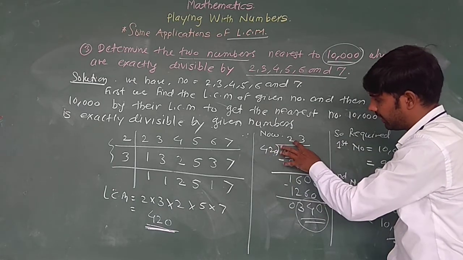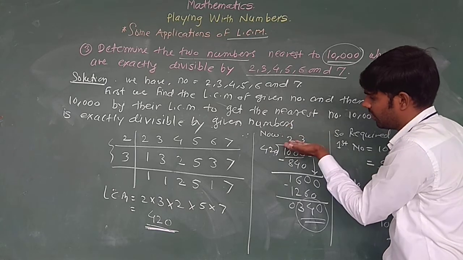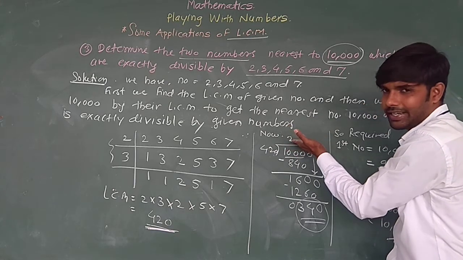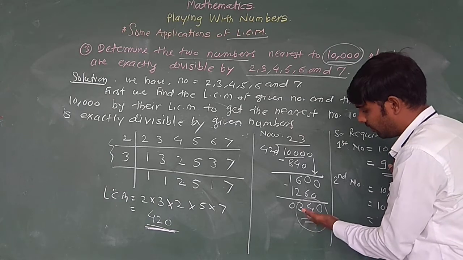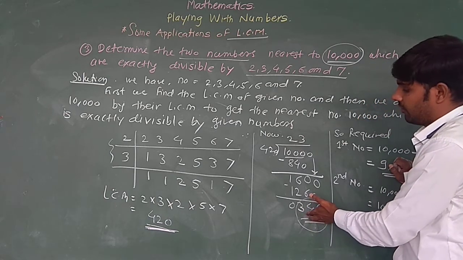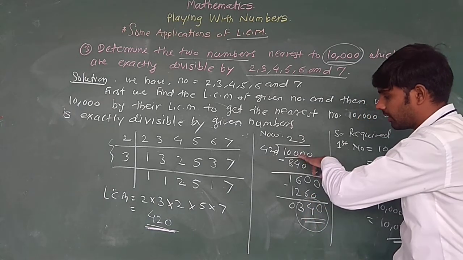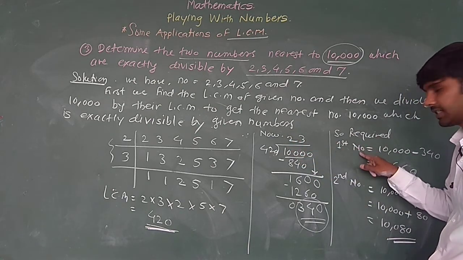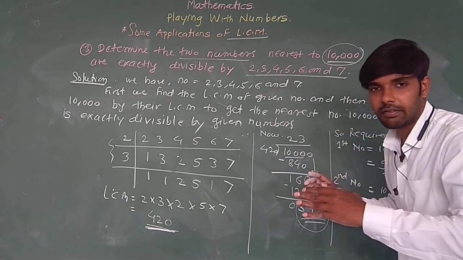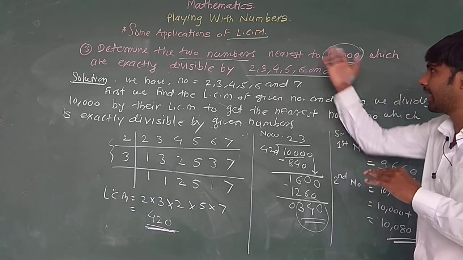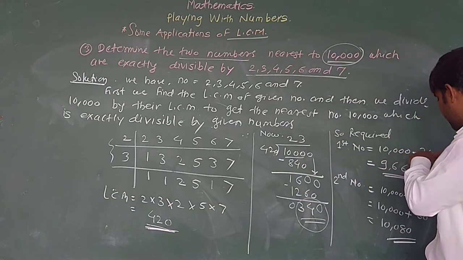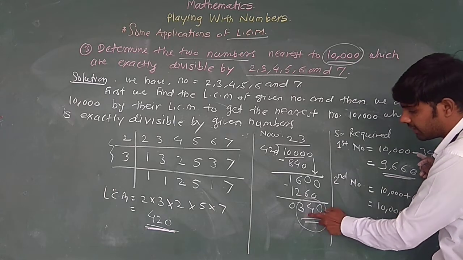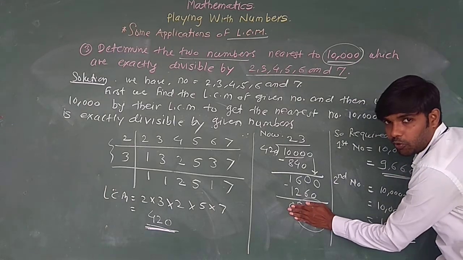We get 23, but we don't need the quotient. We need only the remainder, because this remainder we will subtract from 10,000 to get the required first number, the one nearest to 10,000 and smaller than 10,000. So 10,000 minus 340, we subtract this remainder because it is the extra 340.